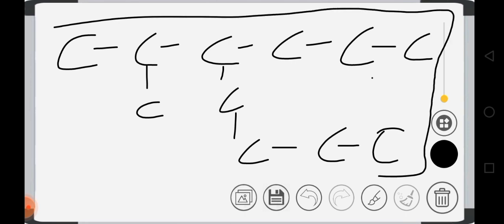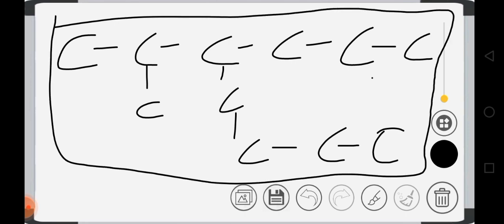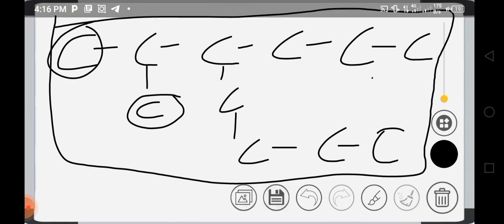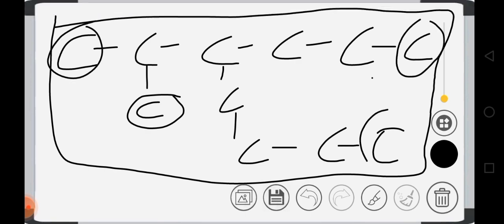If I ask you the name of this compound, the first thing you look at is the longest continuous carbon chain. You count from any end. This is one end, you have an end here, and you have an end here. You can count from any of those ends.